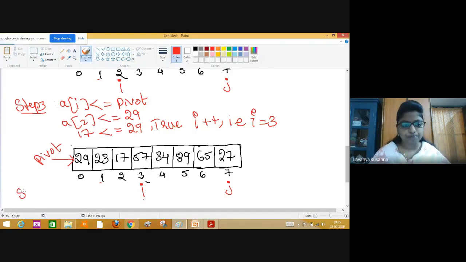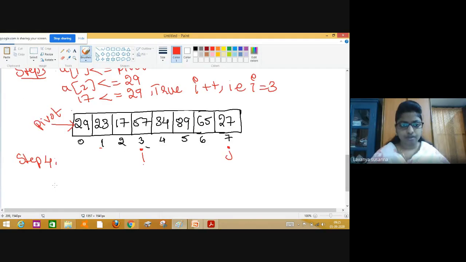Now step 4, right? Step 4 again: A of I less than or equal to pivot. Remember, if you want to move I, the element must be less than the pivot. Then only you can move I towards the right.